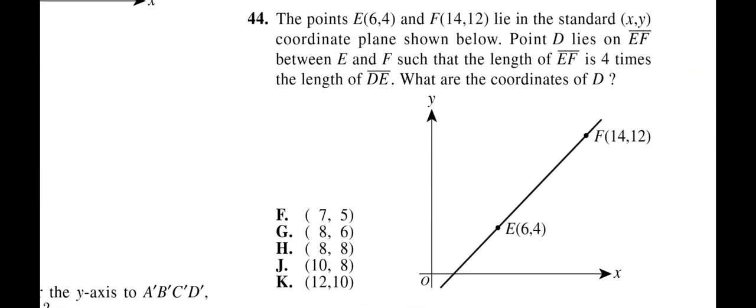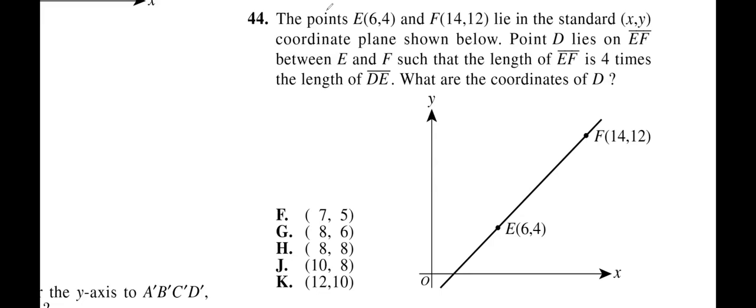Okay, the points E (6, 4) and F (14, 12) lie in the standard XY plane. Point D lies on EF between E and F such that the length of EF is 4 times the length of DE.